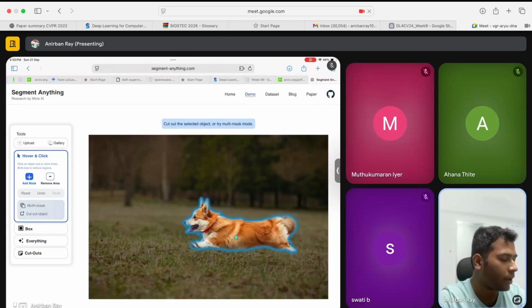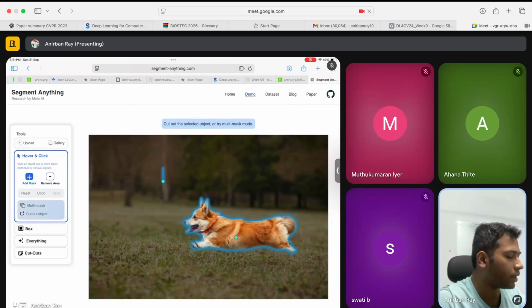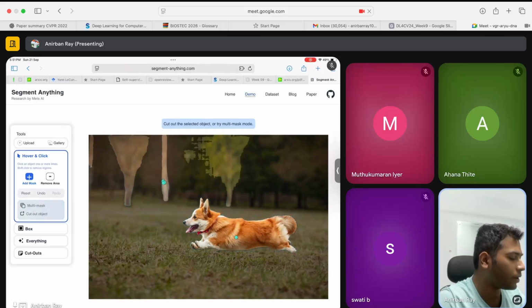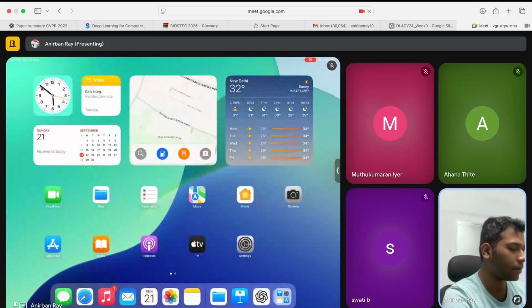And suppose we try a distant image of this tree, will this also work? It's not selected. What is it showing? You can play around with it. So it can segment easily.